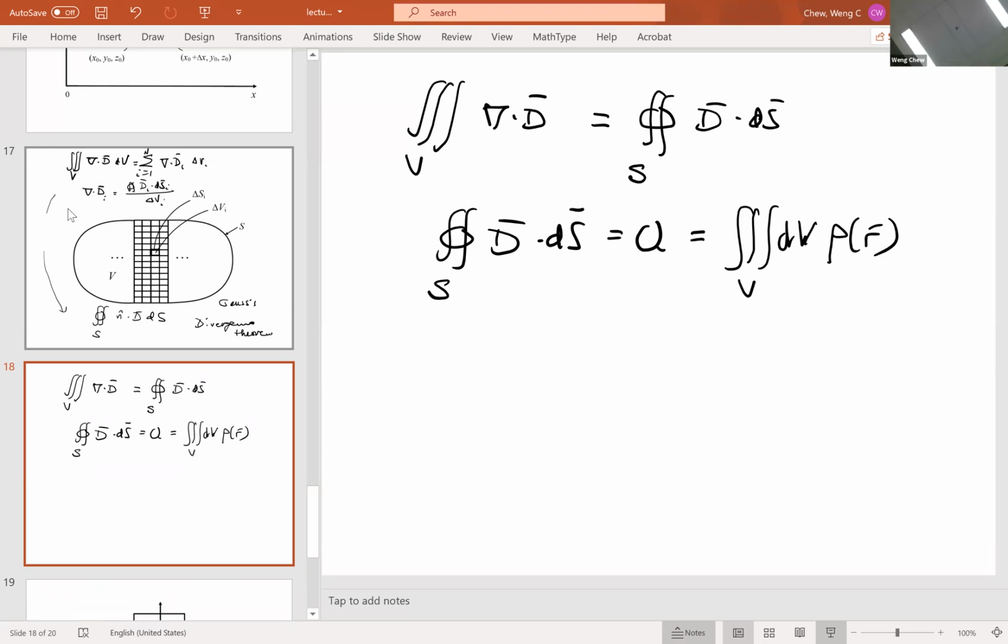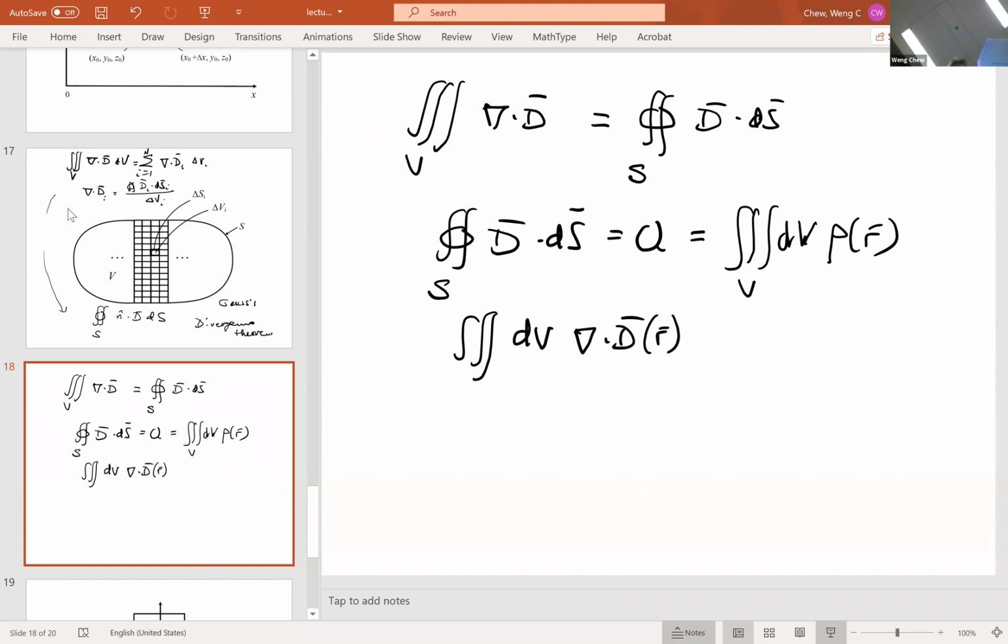Okay, I can write the total Q as a volume integral of the charge density over that volume V. And then I know that this is true: the integral over V of the divergence of D of R dV must be equal to the integral over V of rho of R dV.